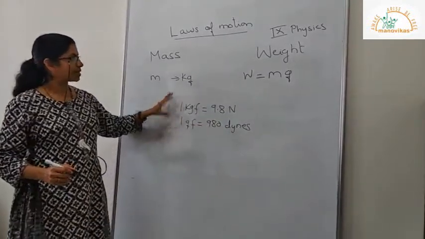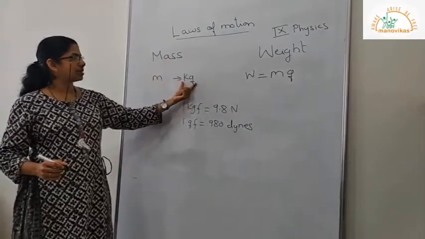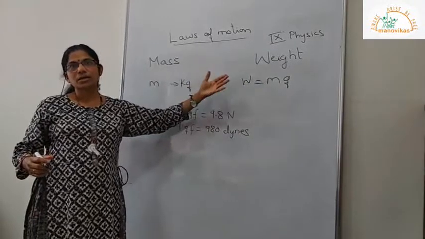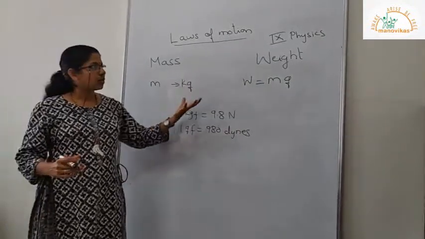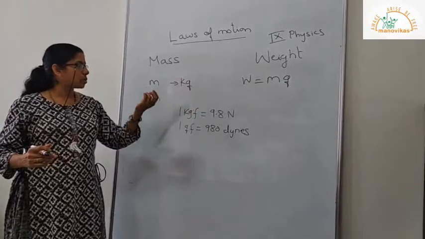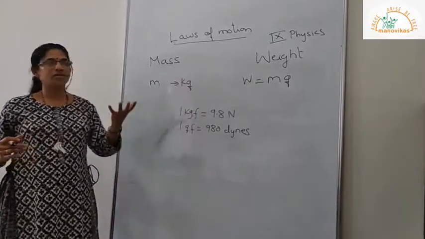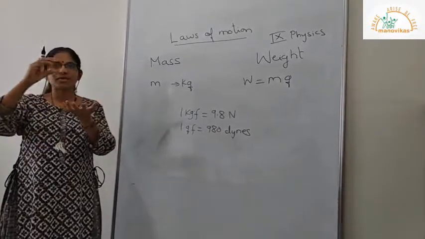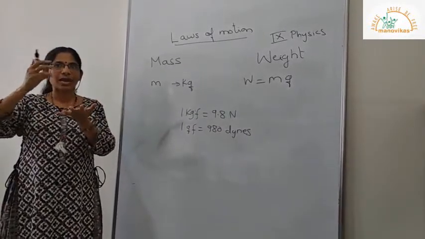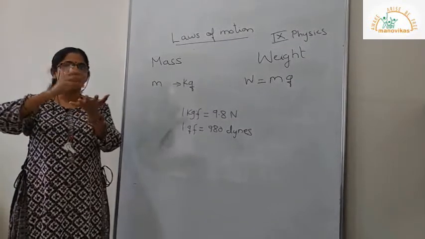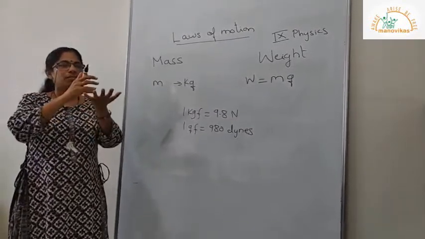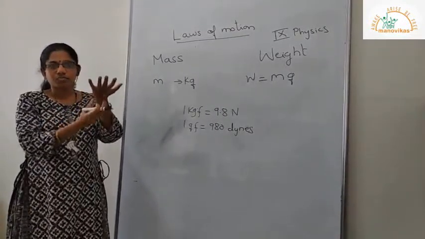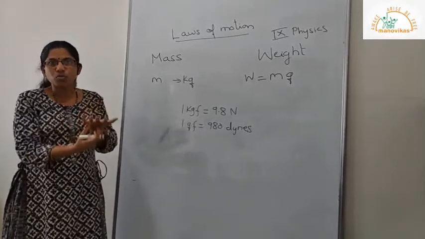Okay, so these are the gravitational units, and normally mass is in terms of kgs, and weight again is in terms of newtons. So when I talk about 1 kilogram of force, it is like when you place a 1 kilogram object on your palm, the pull with which that weight is pulled towards the earth.